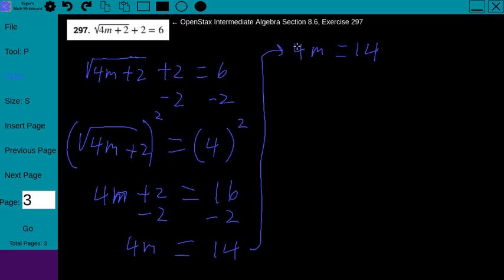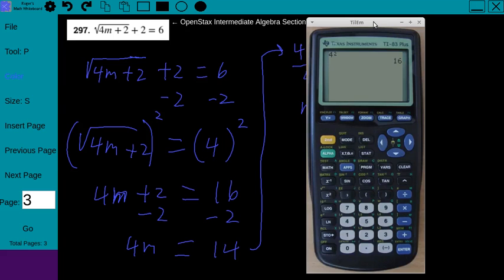Okay, so now the goal here is to isolate m. But what's being done to m? It's being multiplied by 4, because unless there's some other symbol between a number and a variable, multiplication is assumed. So what's the opposite of multiplication? In other words, undoing the multiplication, well, that's division. So we divide both sides of the equation by 4. We're left with m here, and then 14 divided by 4.